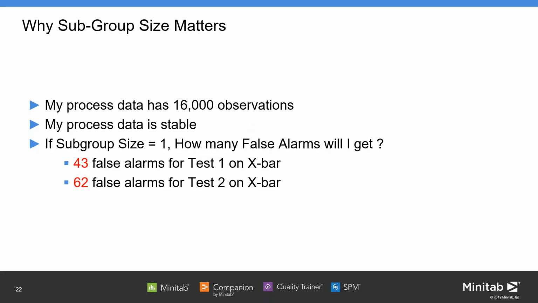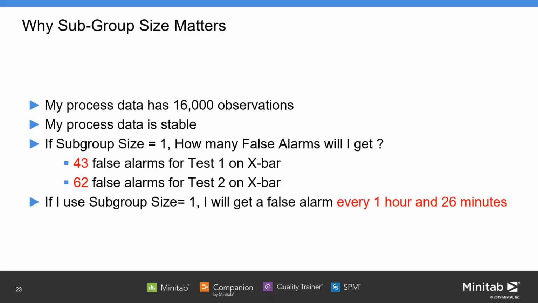To get this number, all I did was multiply 16,000 by 0.0027. This is the false alarm rate for test 1. You can see for test number 2, if I multiply 16,000 by 0.0039, I get 62 false alarms for test 2.